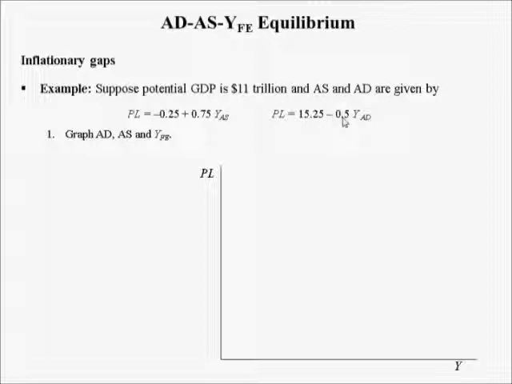So at this point, we've already plugged in wealth, future expected income, the real rate of interest, the MPC, the MPS, the real GDP, or the tax revenues net of transfers, investment, exports, government spending.